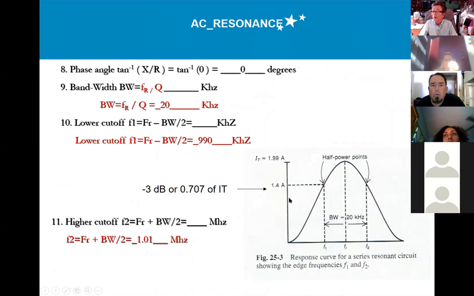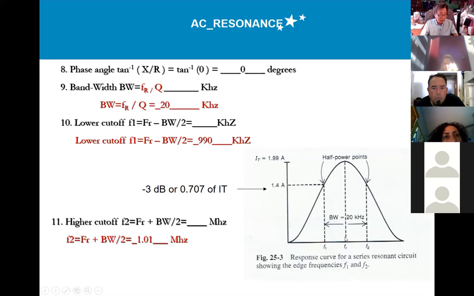This will display the maximum current, 199 amperes for this example. And resonance is right at this point. Going down here, that will be FR, resonance.